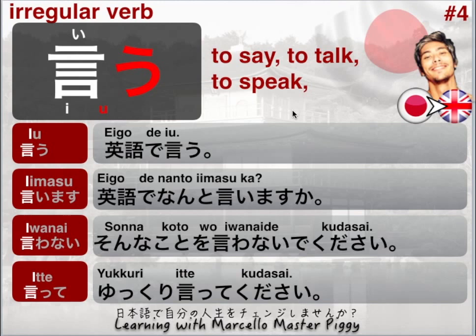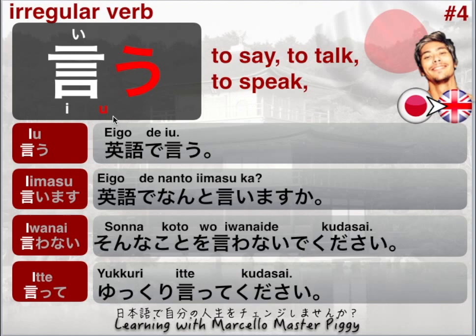Iu is like you're just saying something, one person, but hanasu is more like a conversation between people. They're very similar, but somehow they're different.